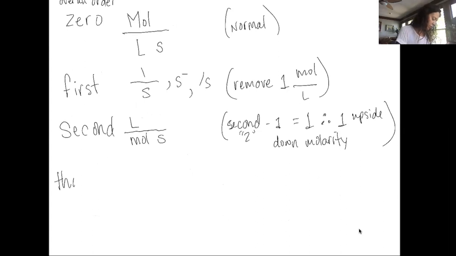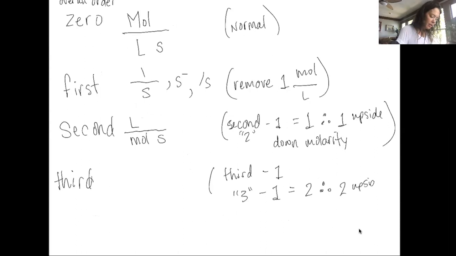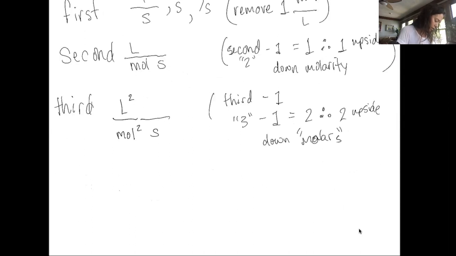Okay, now if it's third order overall, I'm going to do third minus 1. That's 3 minus 1 equals 2. Therefore, 2 upside down molars. Right? So that's L squared over moles squared per second. Right?